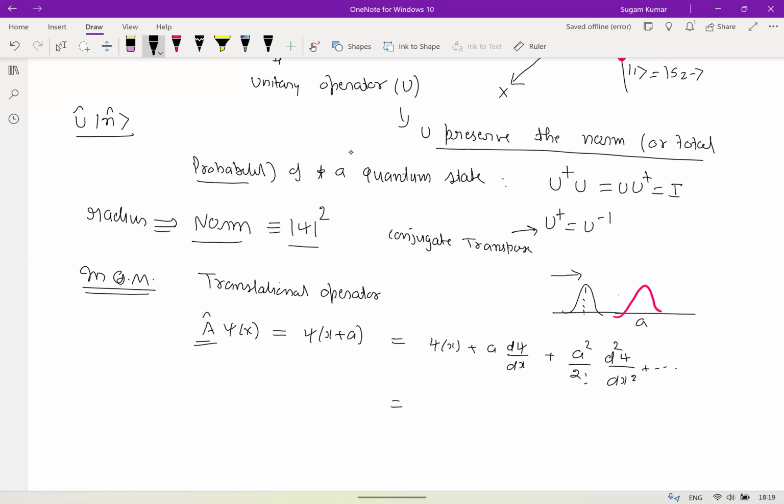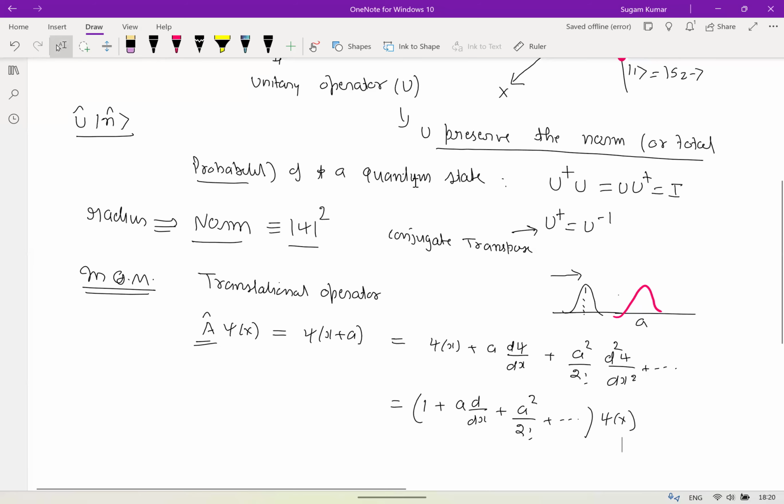If I take psi(x) common, this becomes 1 plus a times d by dx plus a squared by 2 factorial, and then psi(x) I can take out.